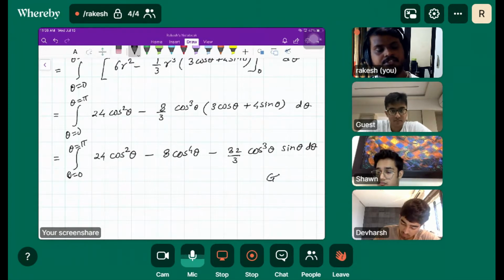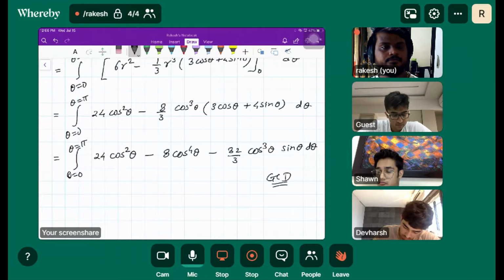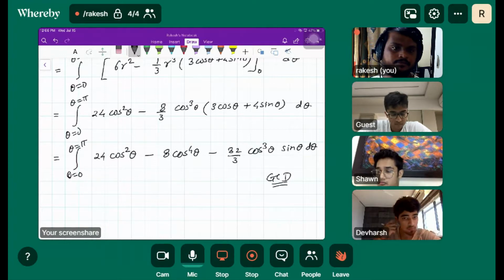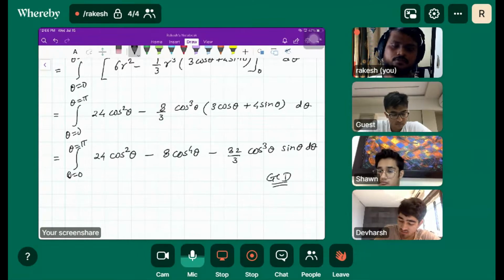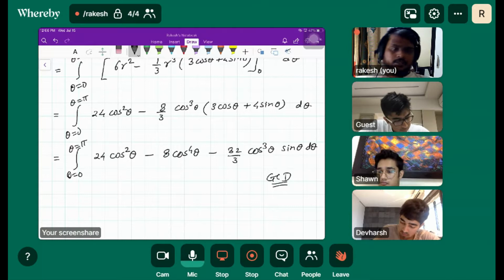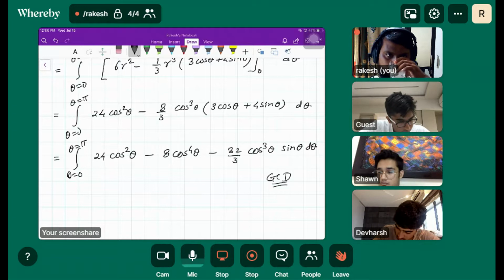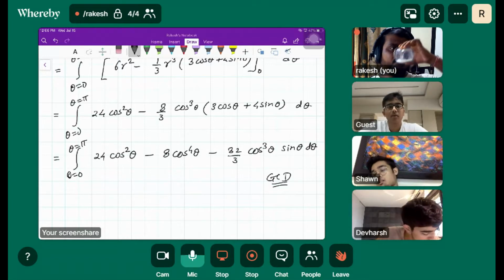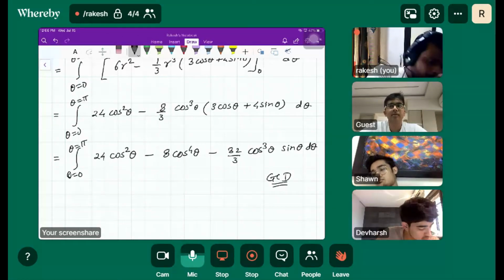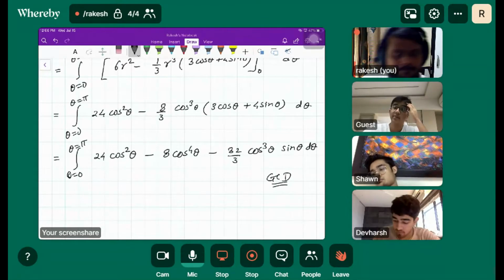Can you do this by GCD? I'm trying to solve it. Yeah, we can solve. Do that. Done, Sean? No, same, I'm trying to solve it. Minus 32 radians, which is approximately how much?